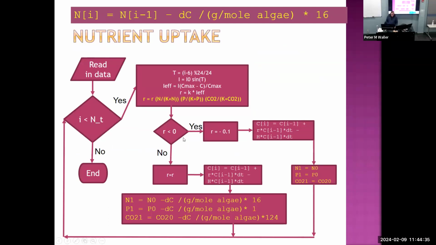So in my if statement, if R is less than 0, R is negative 0.1, and you can see that there's no change in nutrient concentration at night. You just set the nutrient concentration at I equal the nutrient concentration at I minus 1. But in the daytime, if it's day, then you do decrease the nutrients according to this equation.